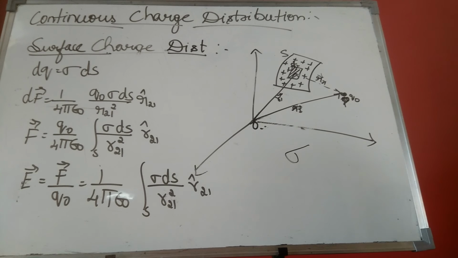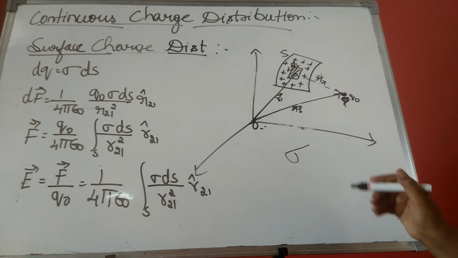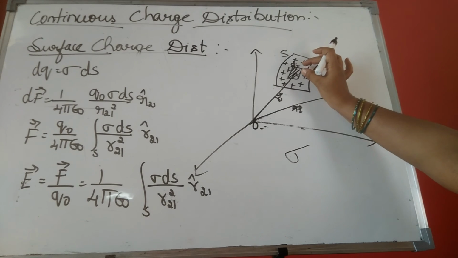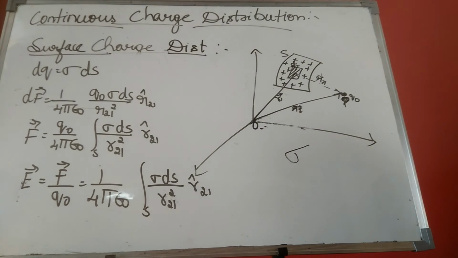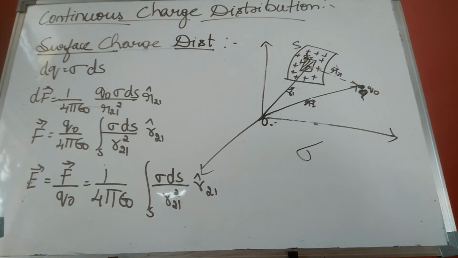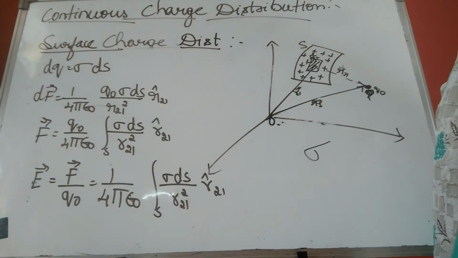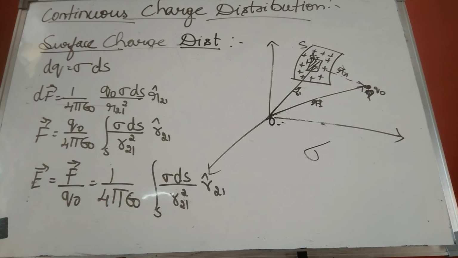So we can write the charge as sigma into dS. For an infinitesimally small surface area, the small charge dq is equal to sigma into dS.